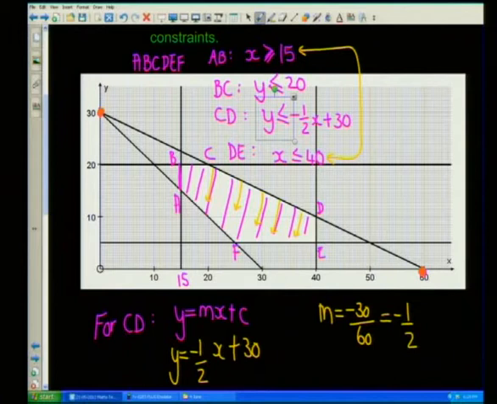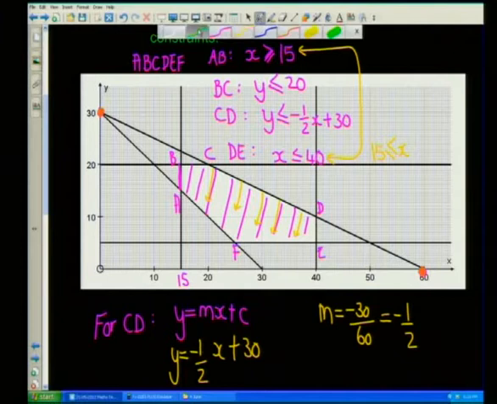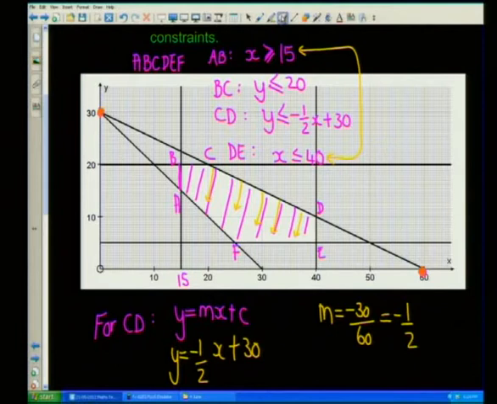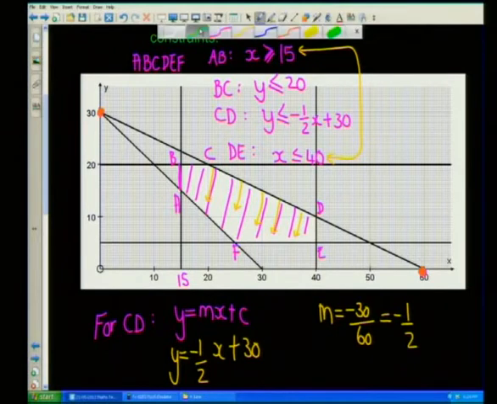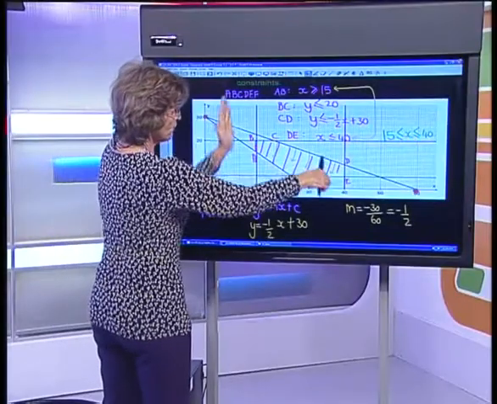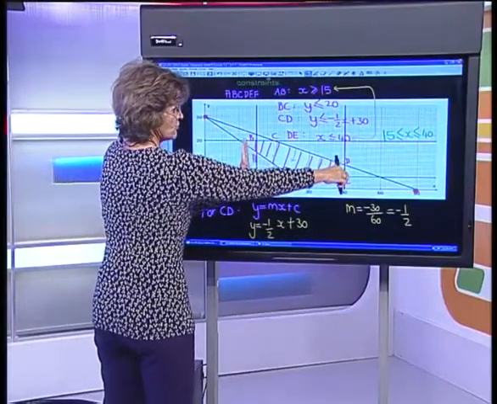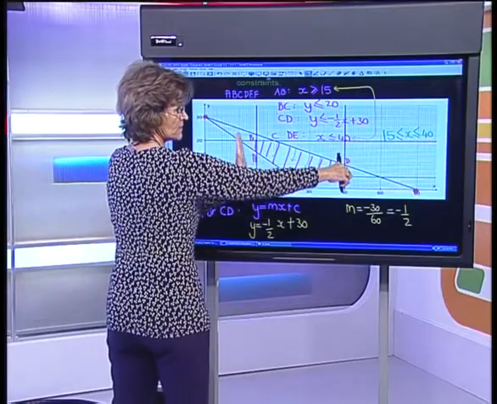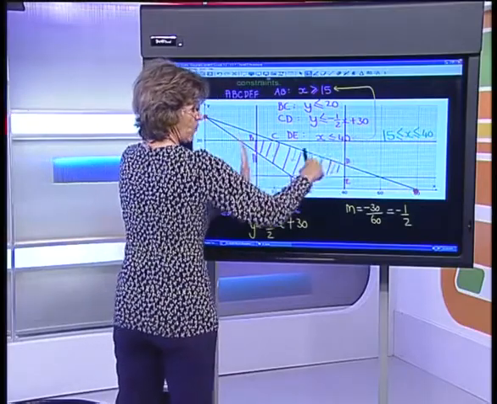Normally in maths, we would combine them as 15 less than or equal to x less than or equal to 40, and hopefully you can see that. Both of those x constraints give a minimum x value and a maximum x value, and the x is kind of wedged in between them.